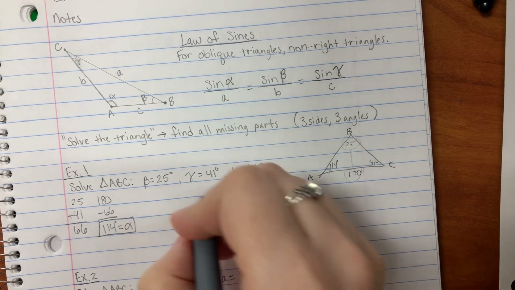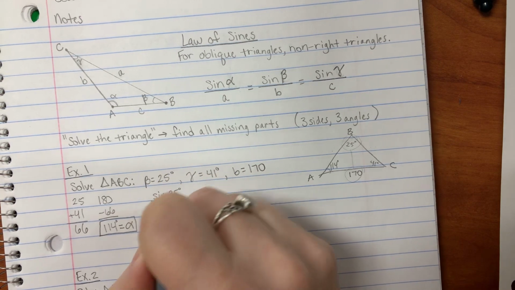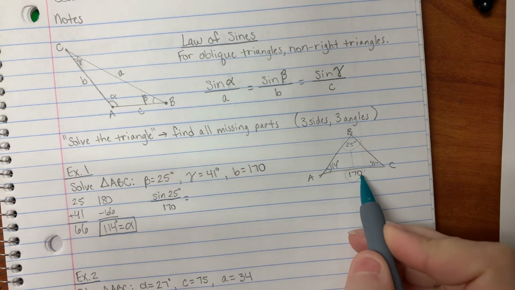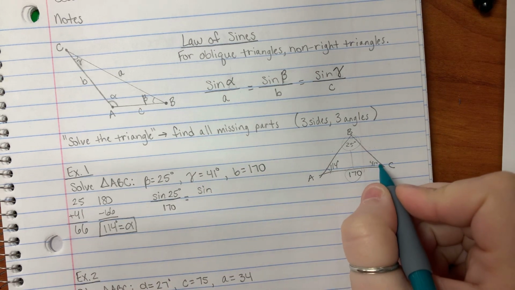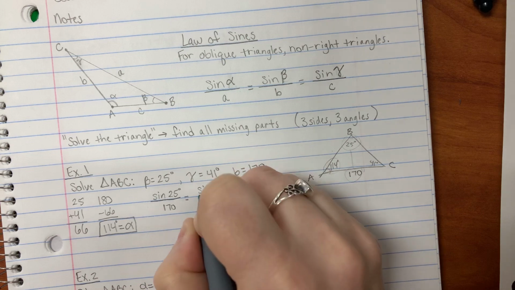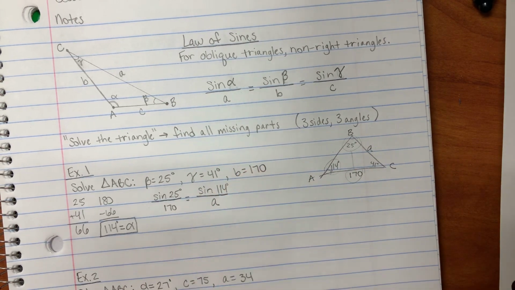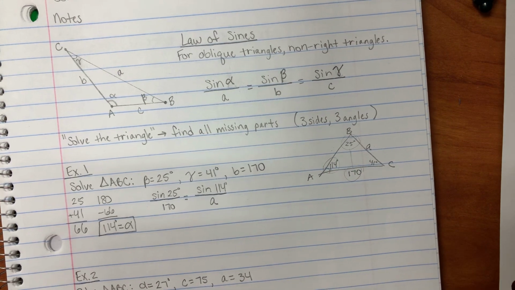So I'm going to go ahead and write that one down: the sine of the angle, 25, over 170. Let's say I go with A first. So sine of 114 over side A. That's what I'm looking for right now. I could have also said the sine of 41 over C.